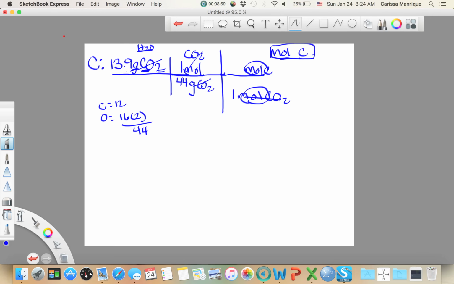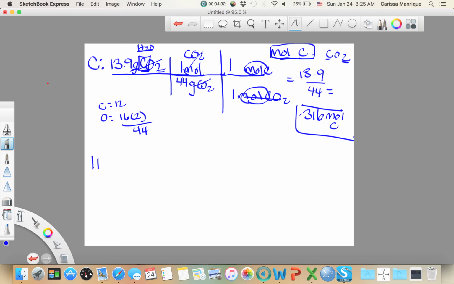There's 1 carbon per every CO2, because in the formula CO2 there's 1 carbon. If I had asked about oxygen, there would be 2 oxygen. So now I multiply this all out and get moles of carbon. 13.9 divided by 44 gives me 0.316 moles of carbon.